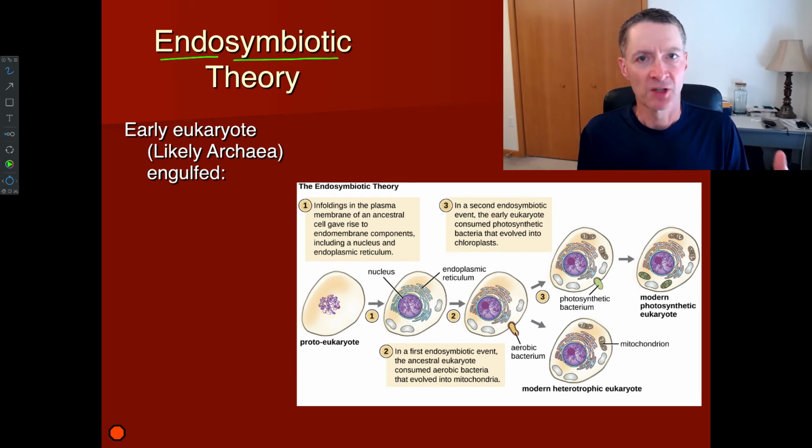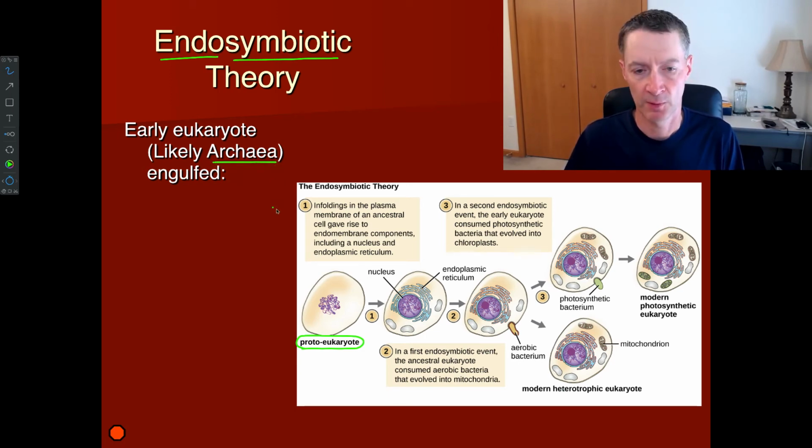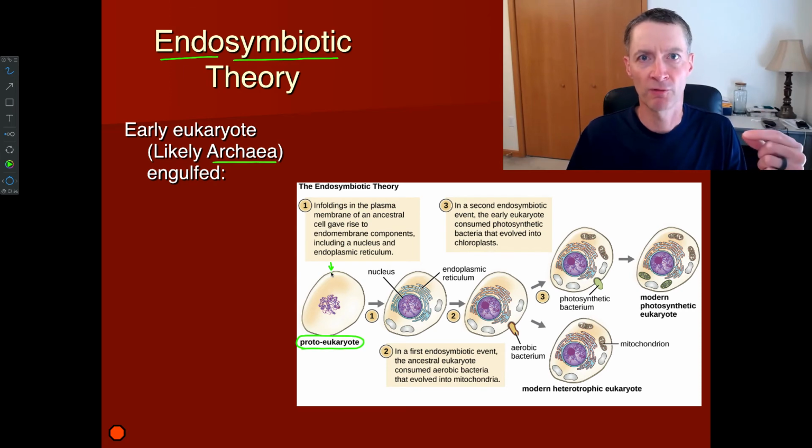So it's likely that an early eukaryote, okay? So here we have a proto-eukaryote, and most likely of a form that is similar to archaea. When we look at the membranes of eukaryotic cells, they look to be more similar to archaea membranes.